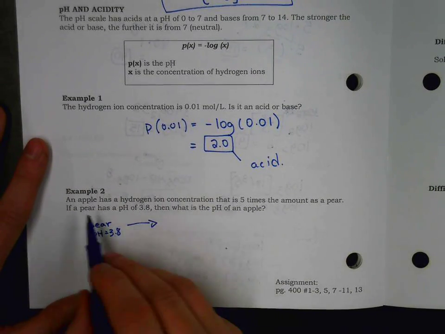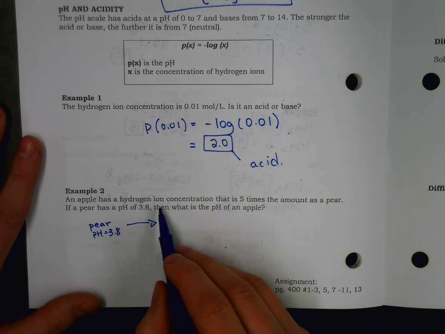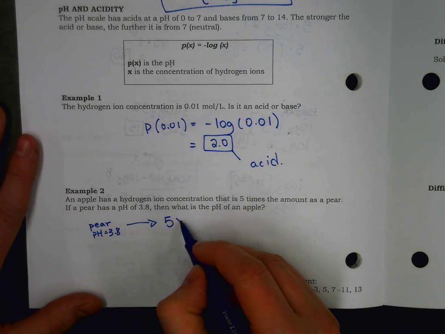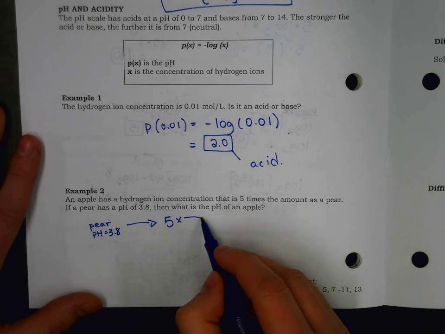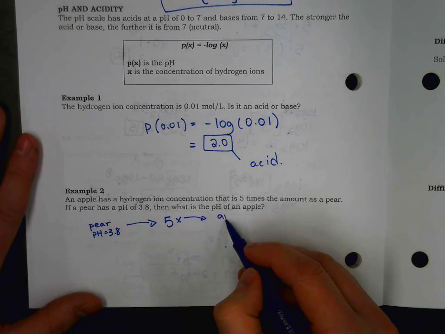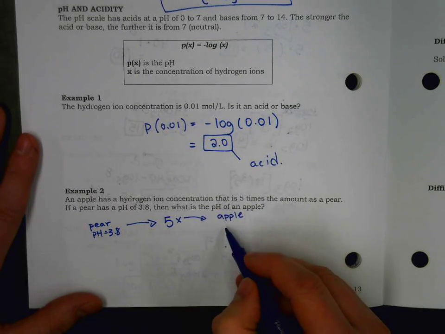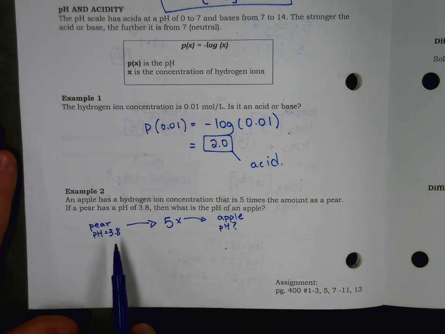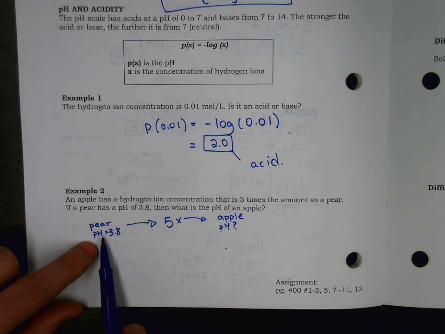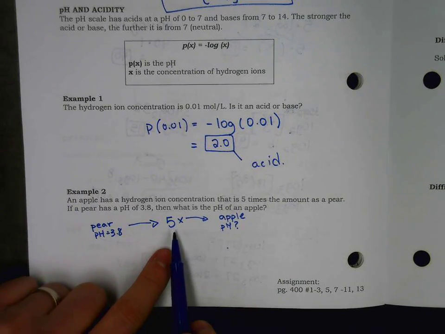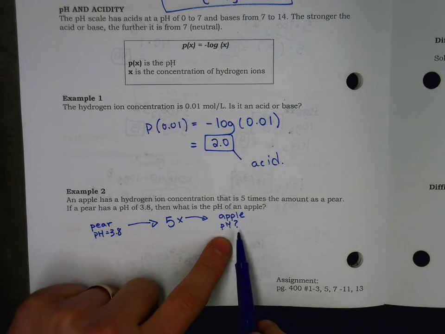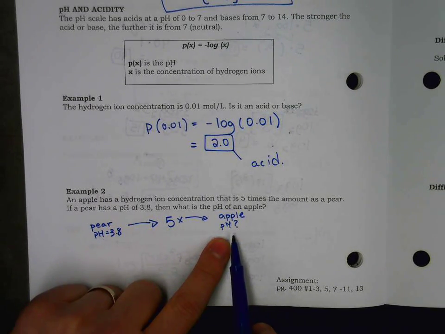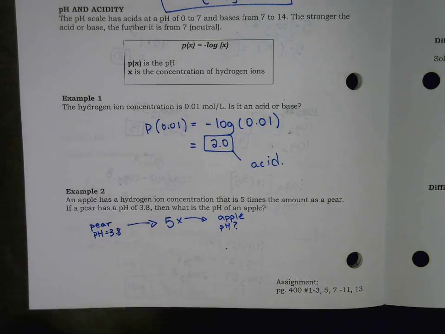It says something about an apple has a hydrogen ion concentration 5 times that amount as a pear. Then we're being asked about an apple. What is the pH? So what we're going to need to do is take this pear, determine its hydrogen ion concentration, times it by 5, get the hydrogen ion concentration for the apple, and then determine its pH using the formula. Let's just do this under each level to keep this organized.